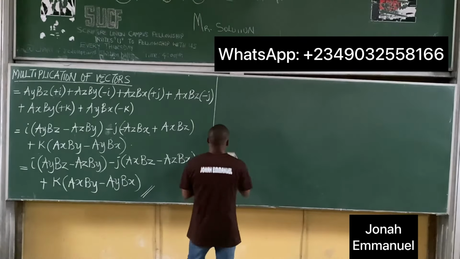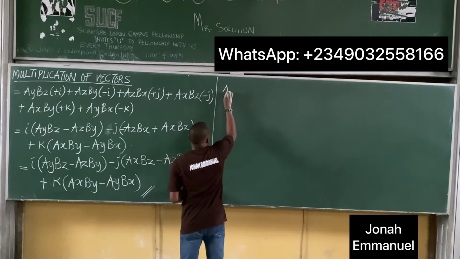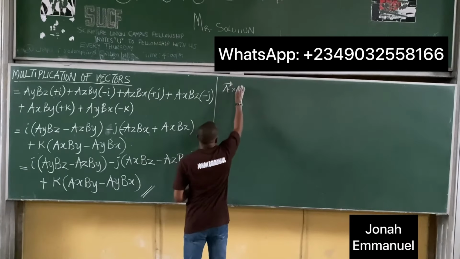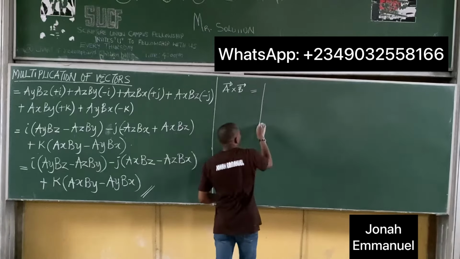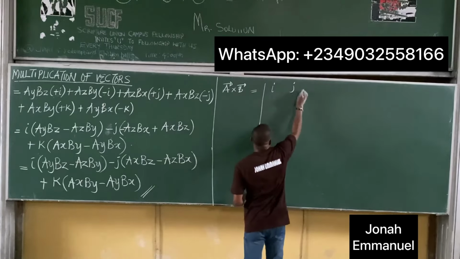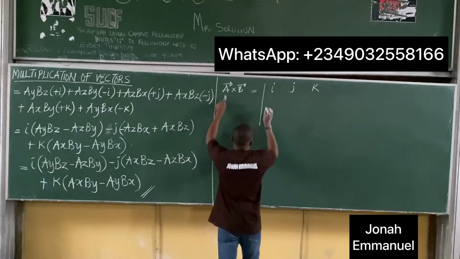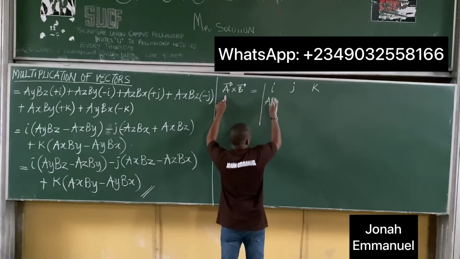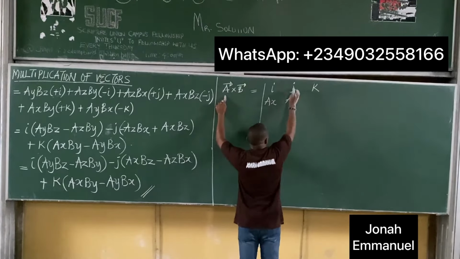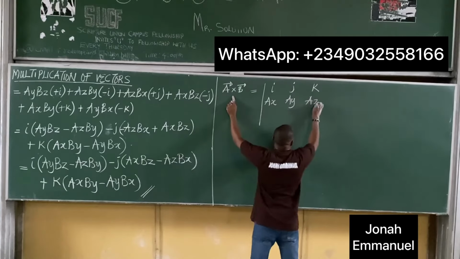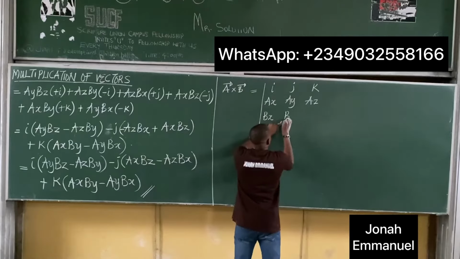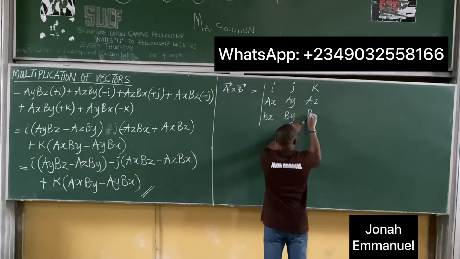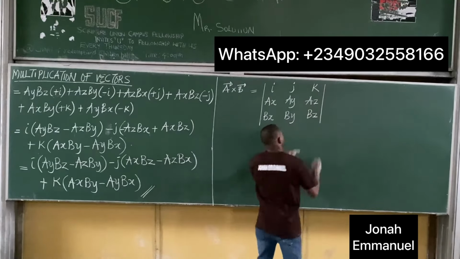Now, the shorter method: if I have A cross B, it can be expressed in matrix form as being equal to i, j, k. I had AXi, AYj, and AZk. BXi, BYj, and BZk. So I had this.